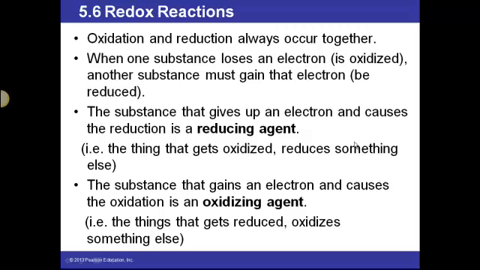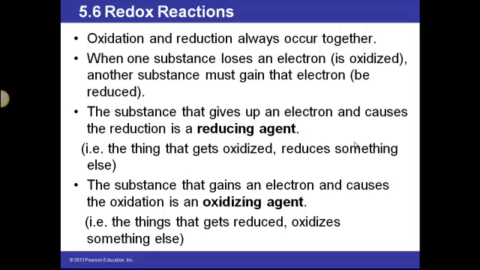So oxidation and reduction reactions always have to happen together. When one substance loses an electron, it is oxidized, and then the other substance has to gain the electron and be reduced. You can't just randomly lose electrons and have them go nowhere. They always go to something. So we can say that the substance that gives up an electron and is becoming oxidized, right?